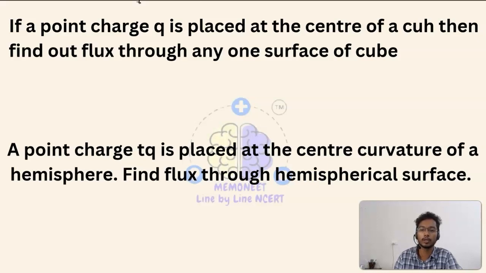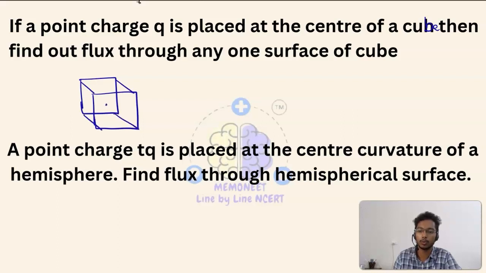If a point charge q is placed at the center of the cube, find out the flux through any one surface of the cube. Let's say we have a cube here, and in the center of the cube we have the charge q. This charge q will have electric field lines like this.